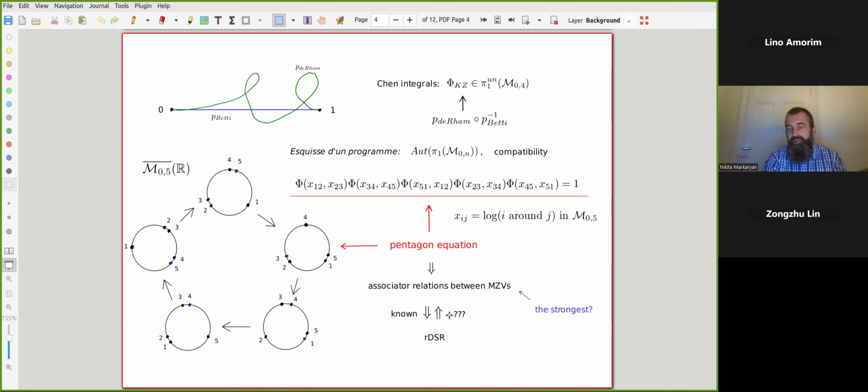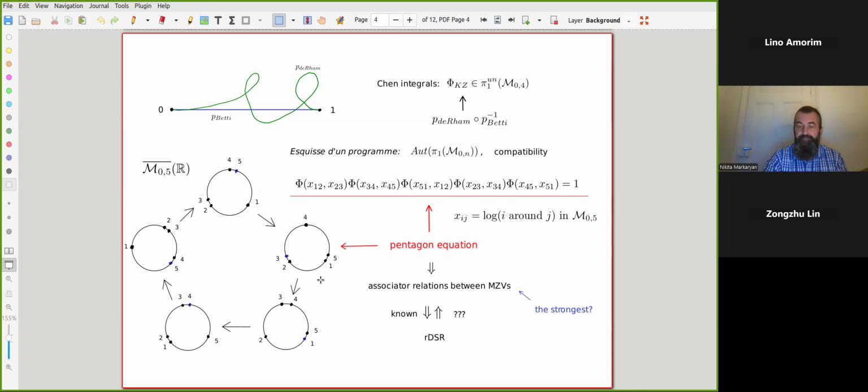So we can reformulate the conjecture of Ihara, Kaneko, Zagier as this question: does the regularized double shuffle relation imply the associator relations? And now this question has nothing to do with any number theory or whatever. It's just that we have two sets of algebraic relations, and the question is, are they equivalent or not? Okay.